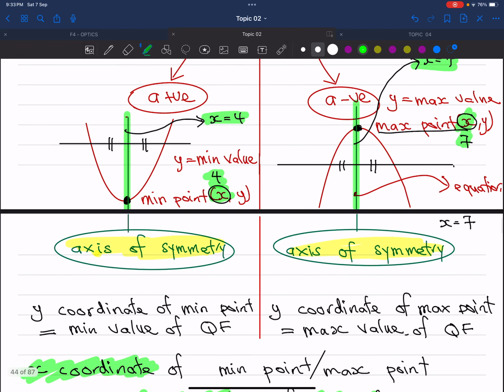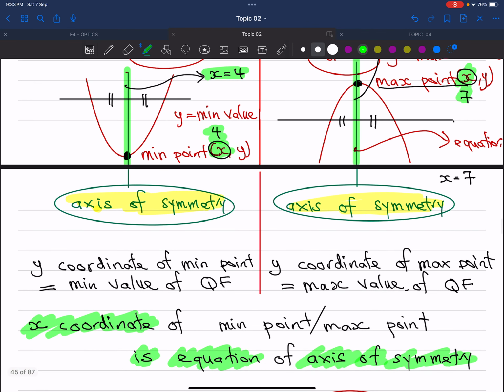So the conclusion is that the y coordinate of the minimum point is the minimum value of the quadratic function. The y coordinate of the maximum point is the maximum value of the quadratic function.